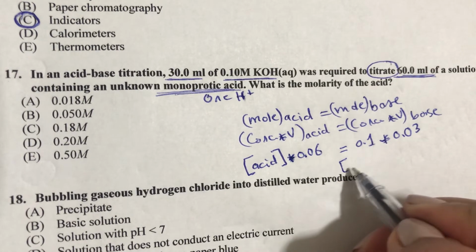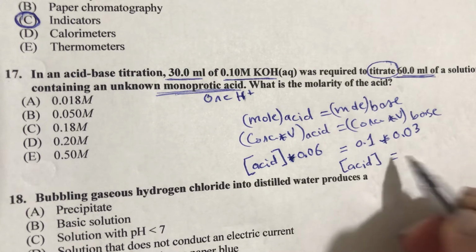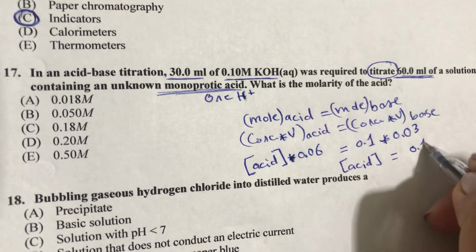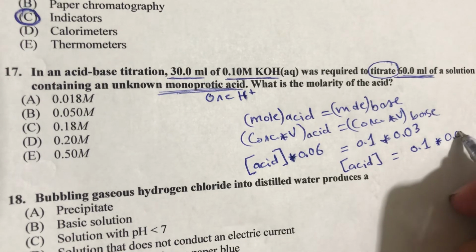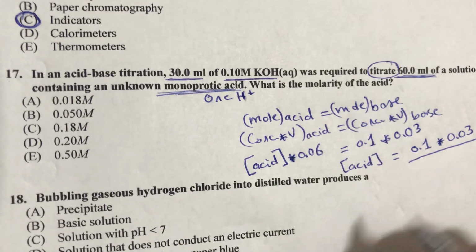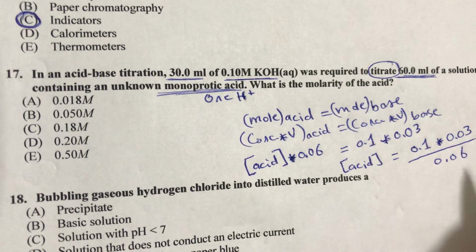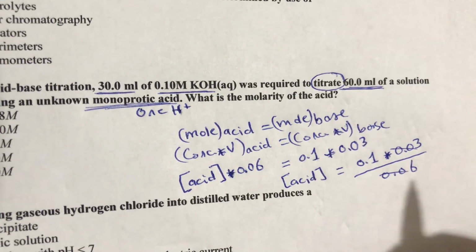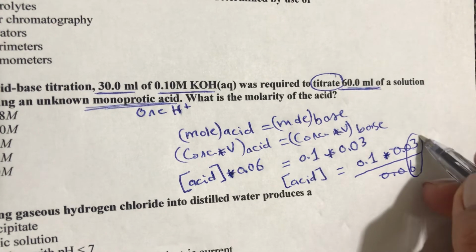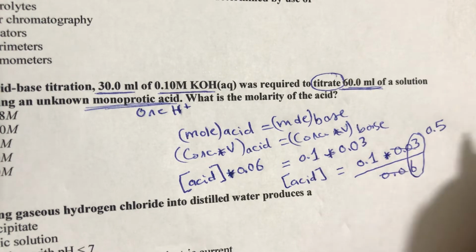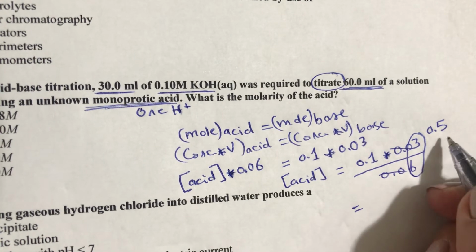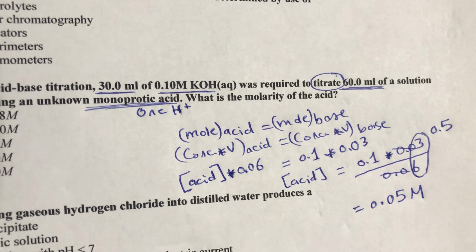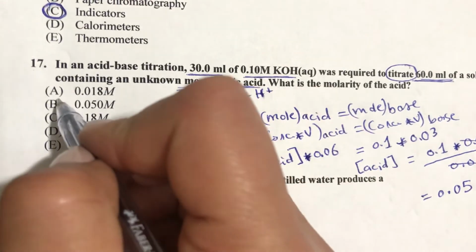So concentration of acid equal 0.1 times 0.03 over 0.06. So here the decimal after 2 units and here after 2 units you can delete it. 3 over 6 half. So 0.1 times half, 0.05 molar. So the answer is B.